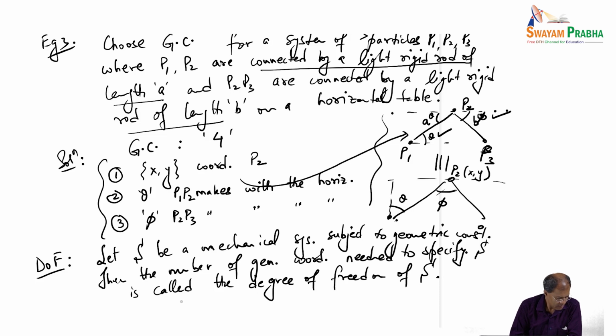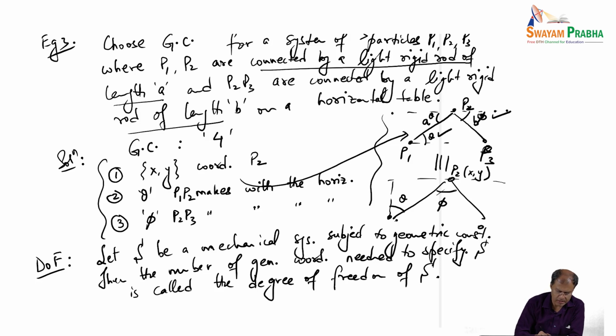Okay. So this particular definition gives a clear-cut relation between the degrees of freedom and the generalized coordinates, and eventually the number of equations of motion of the system. It turns out that the number of generalized coordinates is equal to the degrees of freedom of the system, and that is also equivalent to the number of equations of motion describing the system, because the number of free variables dictates how many equations we need to solve the system completely.